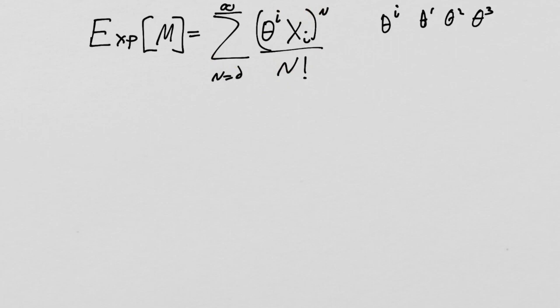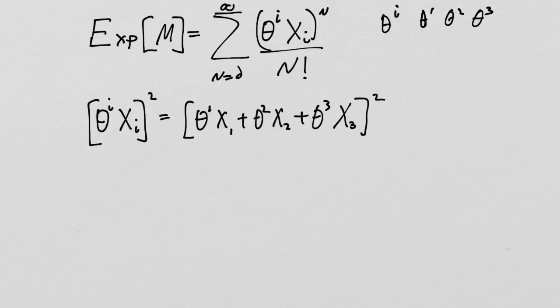I'm going to blow this up a little bit. And the way we work this, the clever trick here, is we notice how does theta_i x_i squared look. We're going to be able to maybe cast out squares like we casted out cubes in our last lecture. There's always something clever here.